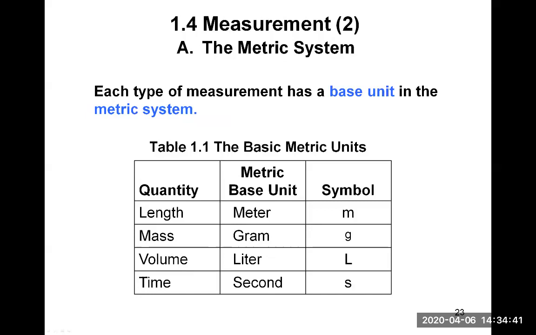For volume, the base unit is the liter and the symbol is capital L. For time, the base unit is the second and the symbol is a lowercase s. So it's important you recognize what quantity those units measure, because if you see a measurement with those symbols, you need to understand that they are measuring length if it's meter, mass if it's grams, volume if it's liters, etc.